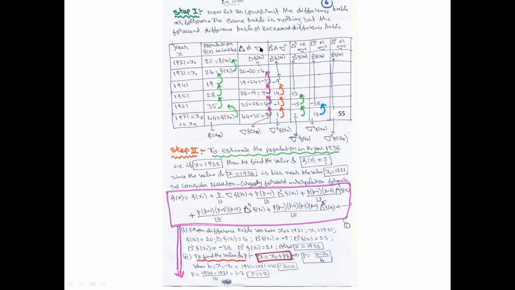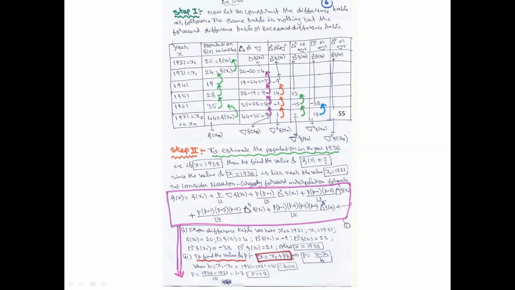In the same manner, backward difference. Observe the cursor. This inverted delta is said to be the backward difference operator. We must read it as del, nabla. Del, nabla.